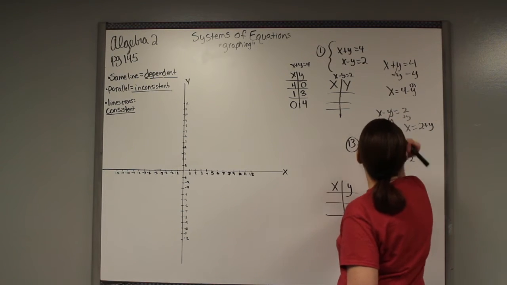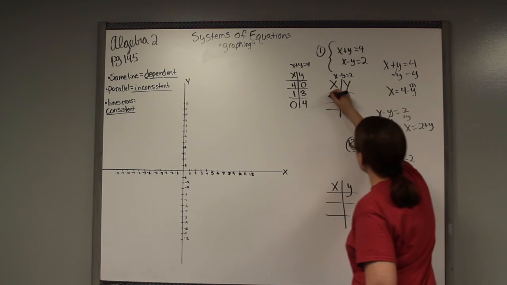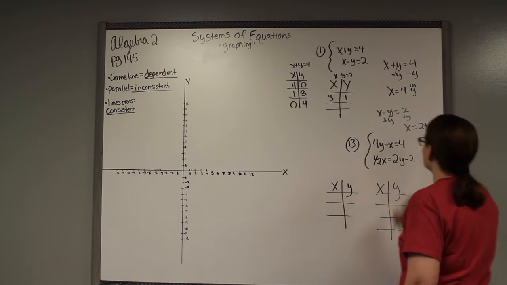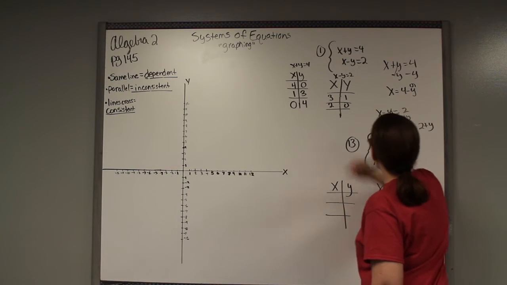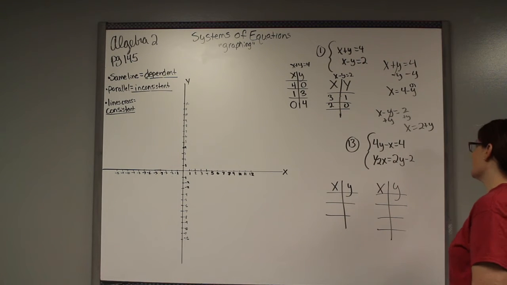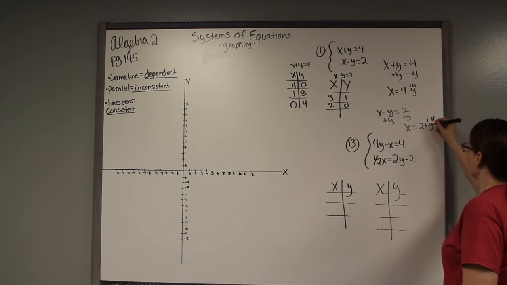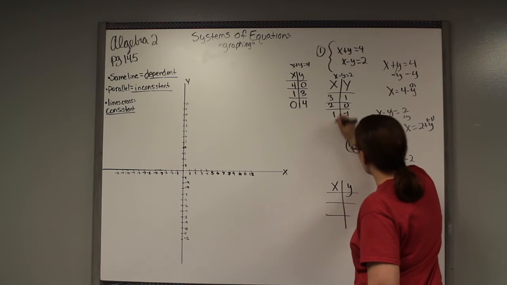So if I say y is 1, 2 plus 1 makes 3. If I say y is 0, 2 plus 0 is 2. And if I say y is negative 1, put a negative 1 in there, 2 plus a negative 1, or 2 minus 1, is 1.